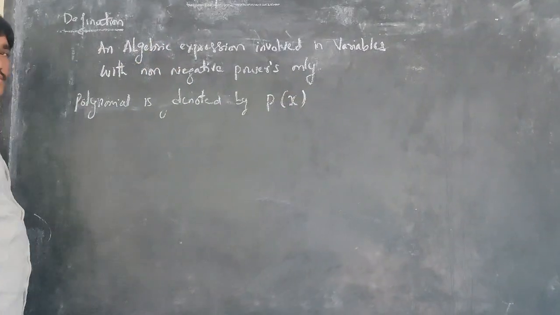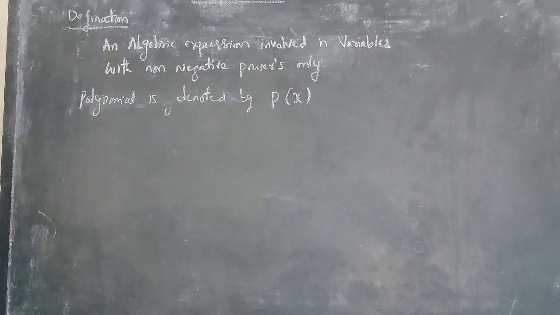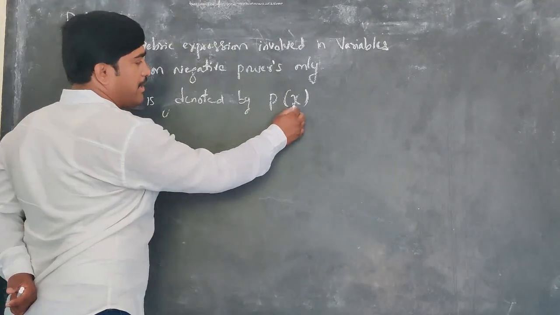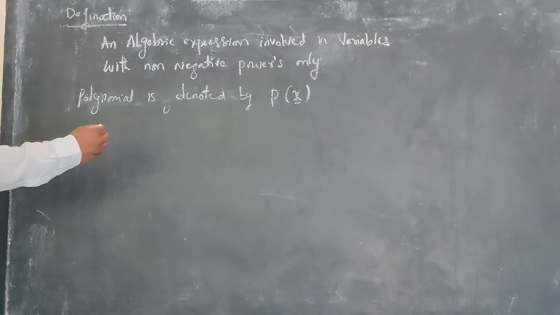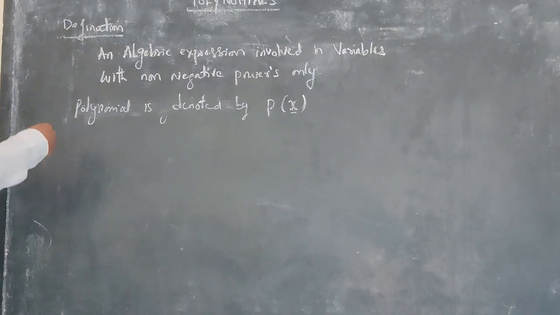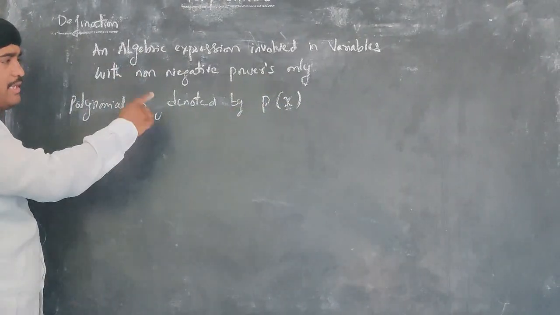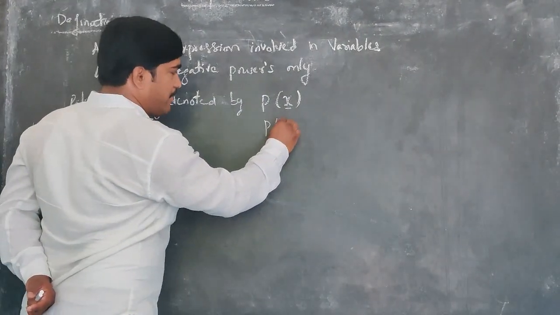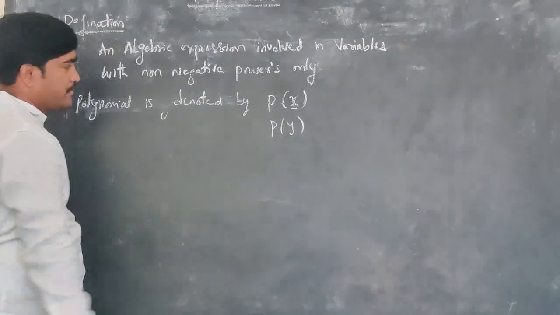This p of x is a polynomial in the variable x. Here the variable may be any alphabet; there is no rule that it should be x only. If I represent the expression in x, we refer to it as a polynomial in x. If I write p of y, this is a polynomial in y.